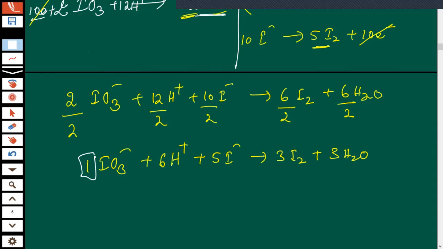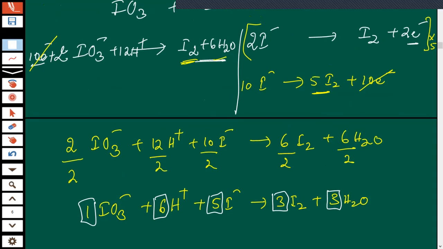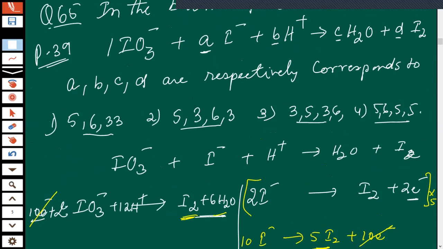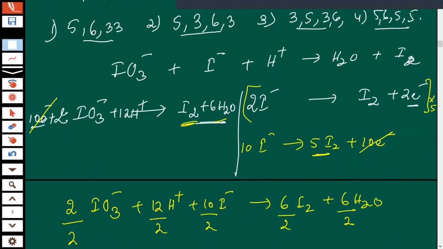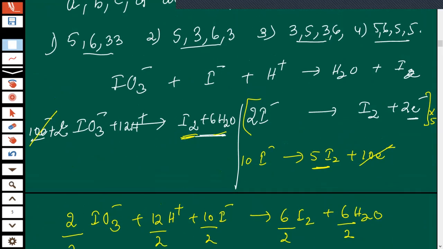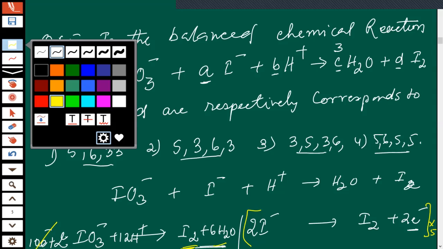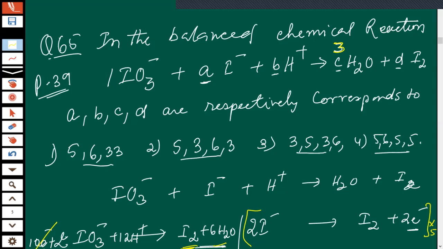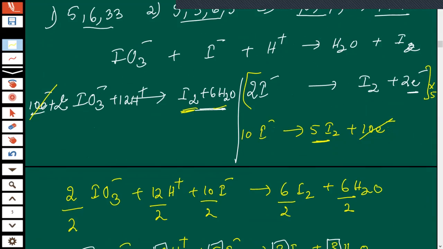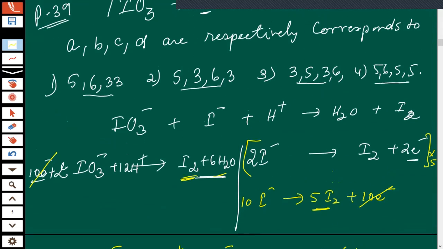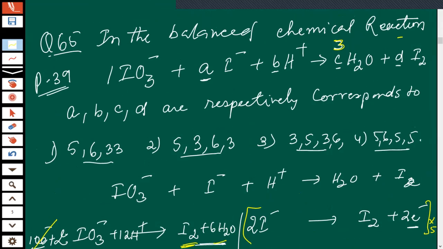Let us check. For water we are getting 3, and for iodine we are getting 3.